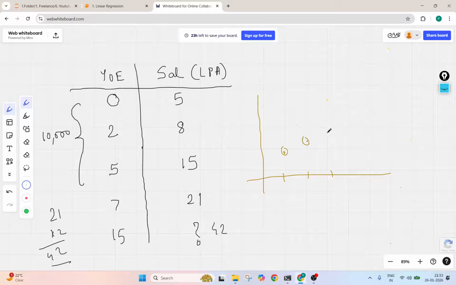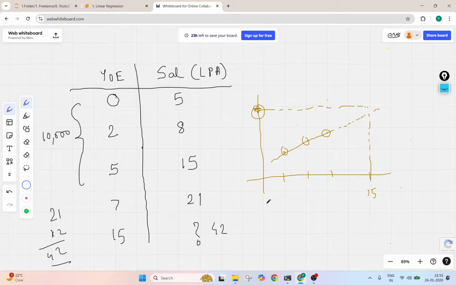If I join these and want to predict the salary for a given point, I'll simply extrapolate my line. For the given x, which is 15 here, what is my corresponding y value? This value that you see here should come as the salary, isn't it?